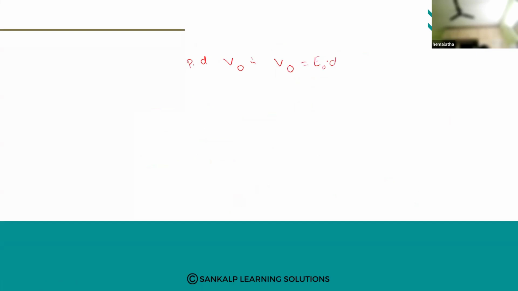And the capacitance C is equal to Q by V naught, which is equal to epsilon naught into A by d. This is the value we calculated for the parallel plate capacitor.